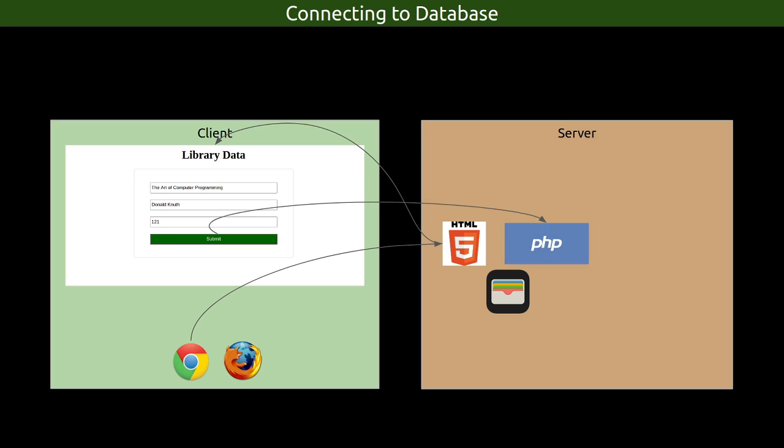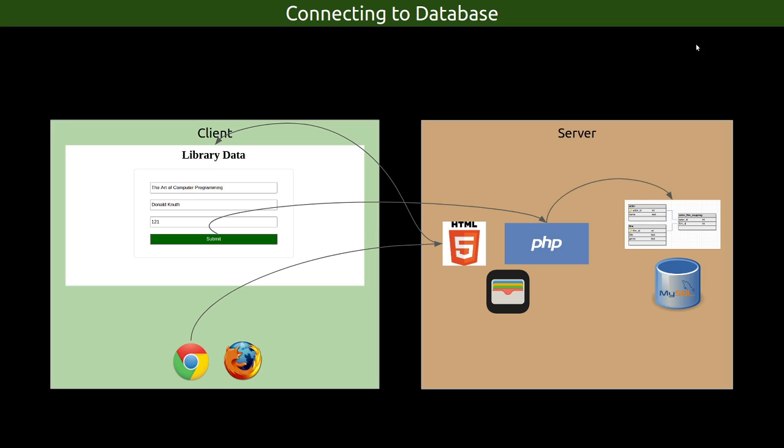When you click on the submit button, the data entered by the user on the form will be processed by the PHP written on the server side, and the data in the form will be submitted to a table or a database which is again on the server side.